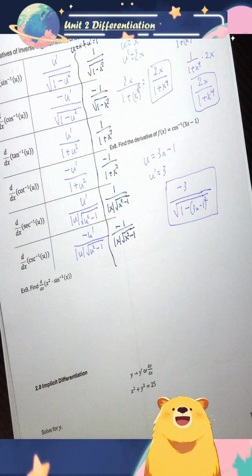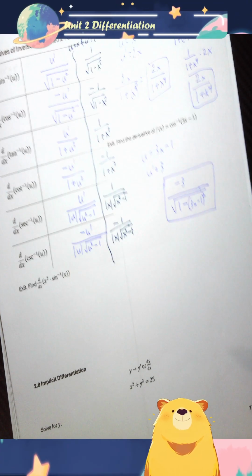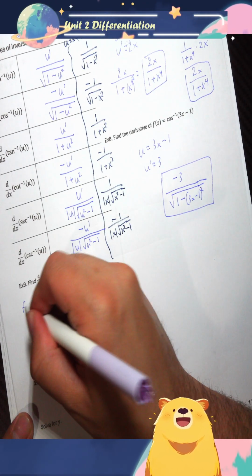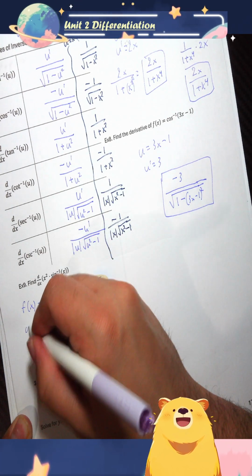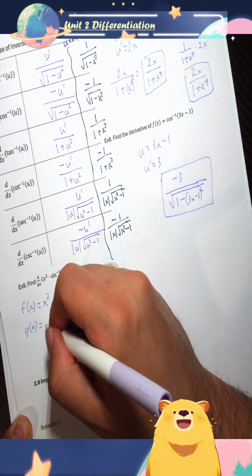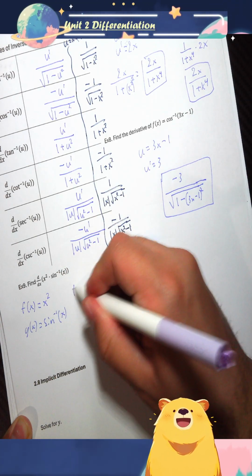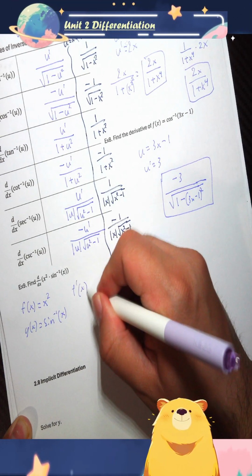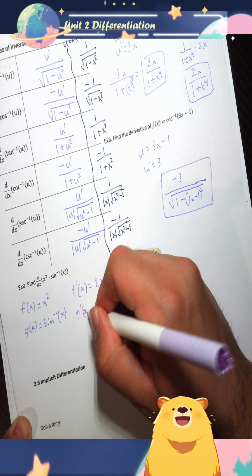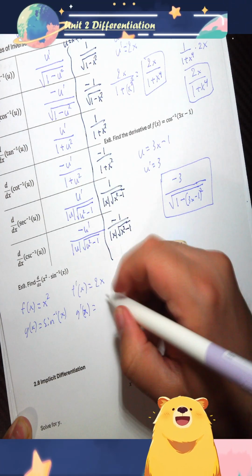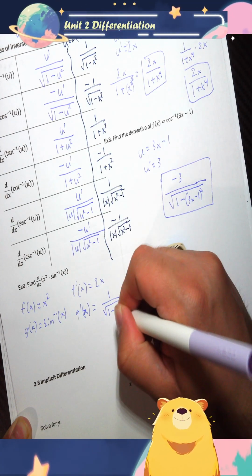Okay, next one. Now this one involves product rule ideas. So let's go ahead and just recap product rule. We have f of x, let's just note it as x squared, and then g of x, which is just sine inverse of x. Well, f prime is going to be 2x, and g prime of x, excuse me, is going to be 1 over square root of 1 minus x squared.